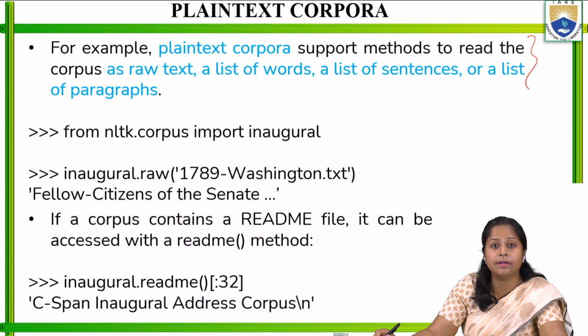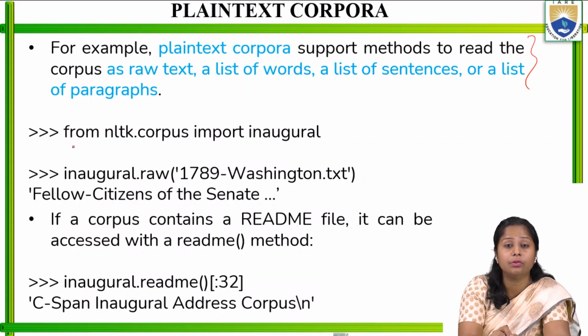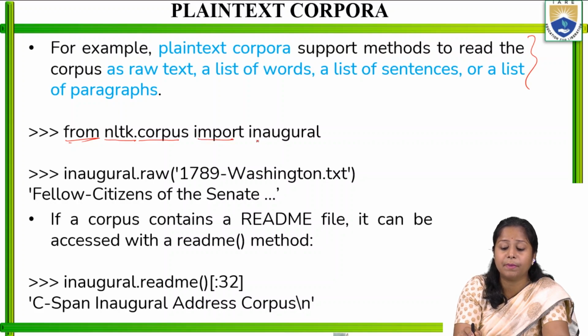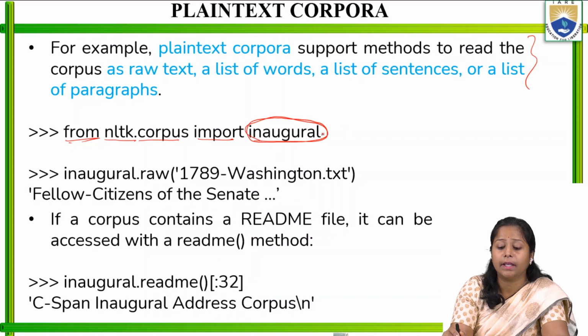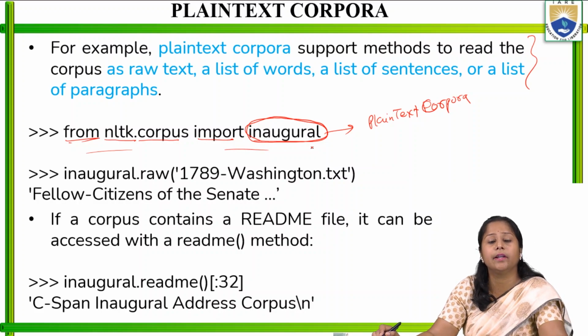So what is the way to call those, how to read those? Students, you need to write on the command prompt of Python: from space nltk.corpus space import space inaugural. Inaugural is a corpora that is a plain text corpora, and it should be called by writing this line from nltk.corpus.